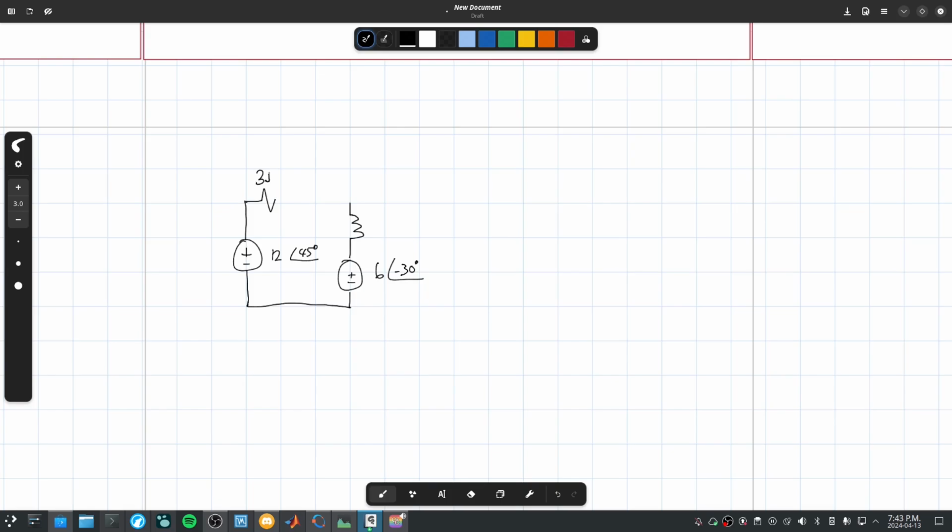A resistor across here. An inductor across here. This is 2j. Another resistor, a capacitor. Yeah, they throw the whole book at you.